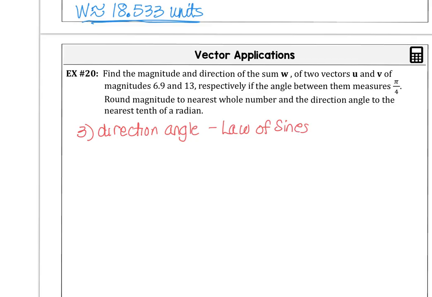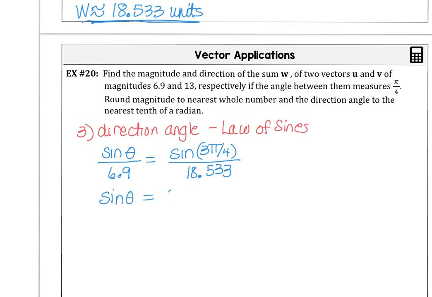And the law of sines says the sine of our angle we're looking for divided by 6.9 has to be equal to the sine of 3 pi over 4 divided by W, which was 18.533. So you can find that by doing sine of theta equals 6.9 sine 3 pi over 4 divided by 18.533.